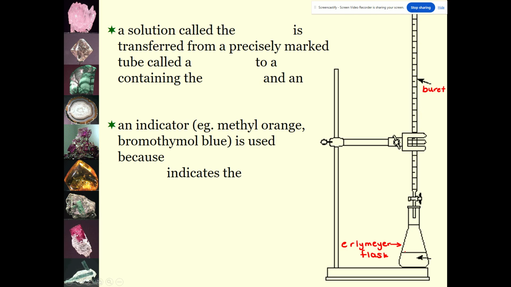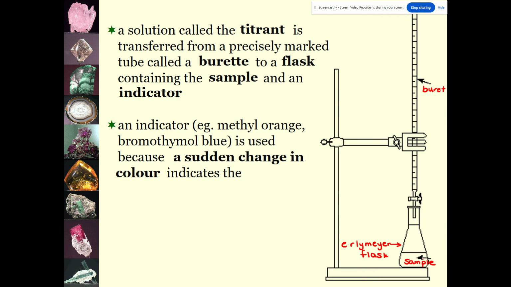One of the solutions that goes into the burette is called the titrant. And the solution that goes into the Erlenmeyer flask is called the sample, okay? So down here is your known volume sample, usually 10 milliliters, for example, that you pipette specifically 10 milliliters of your sample in there.